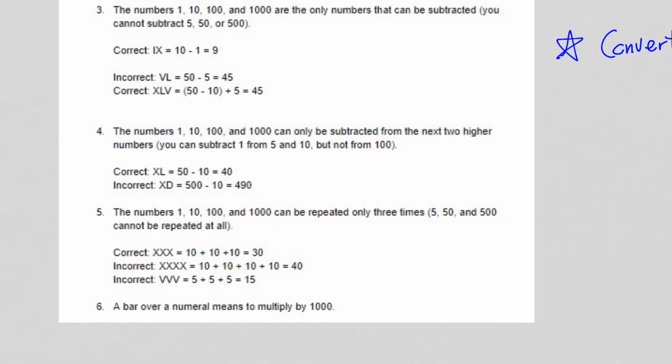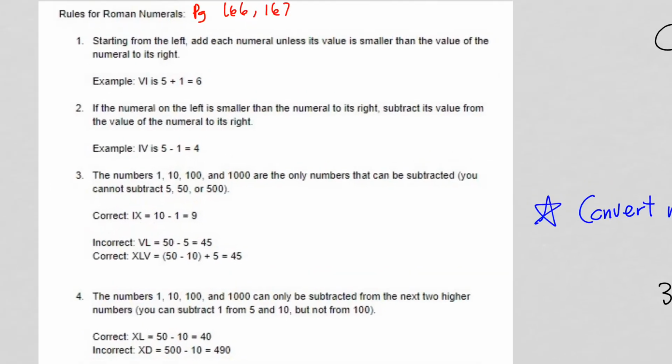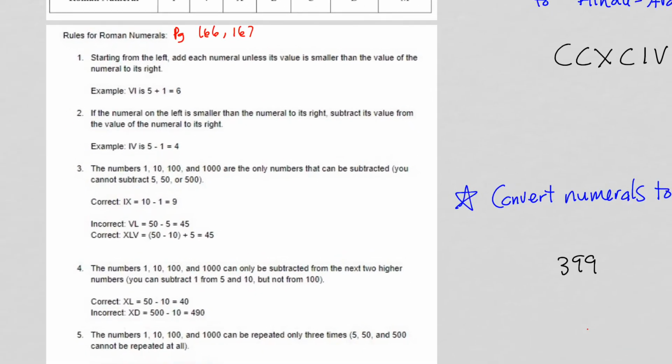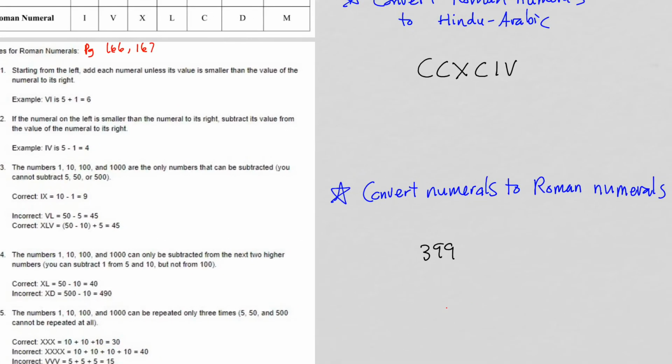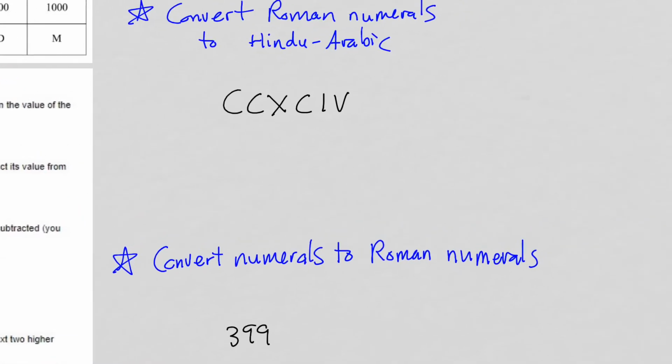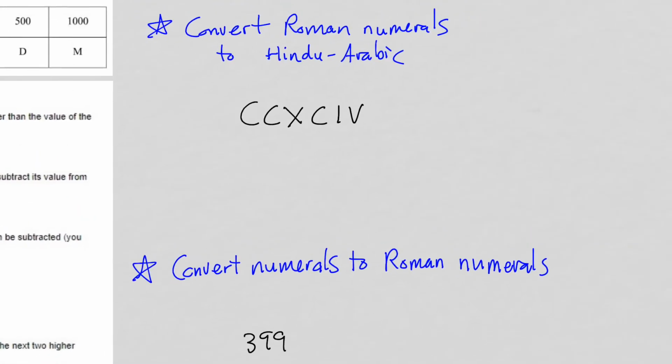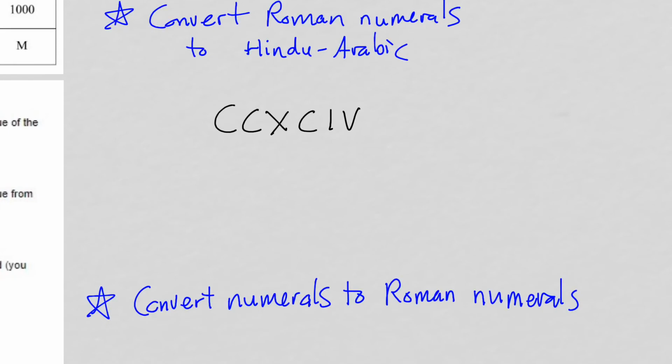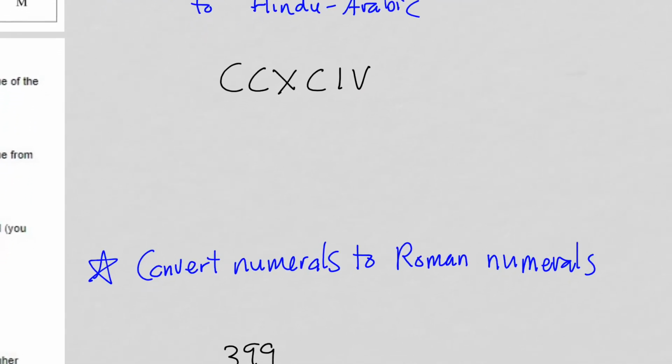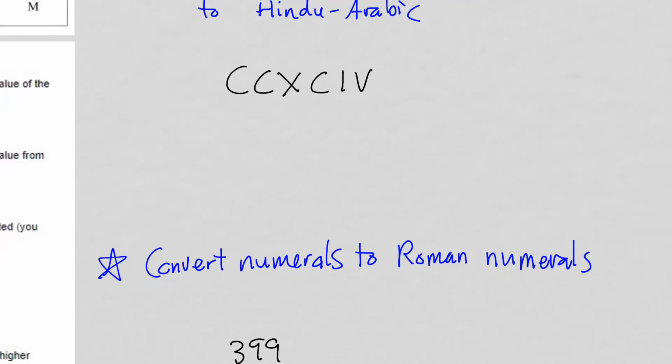Again, you can read about those in the textbook on pages 166 and 167. So let's use that information to answer the following questions. We have convert Roman numerals to Hindu-Arabic. In this example, we have CCXCIV. What you want to do is look for repeated numbers and look for numbers that are smaller in front.